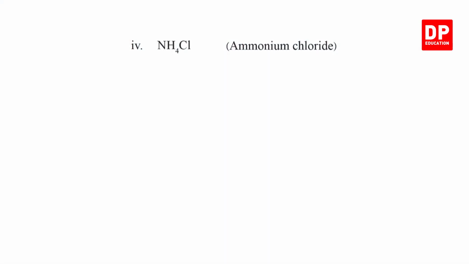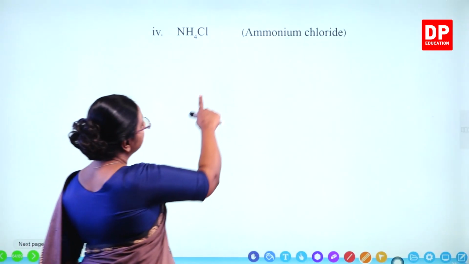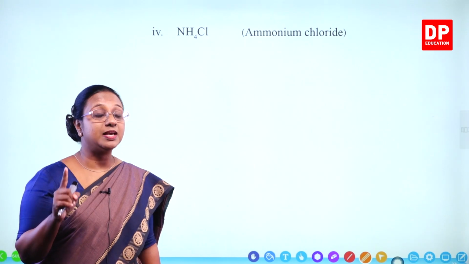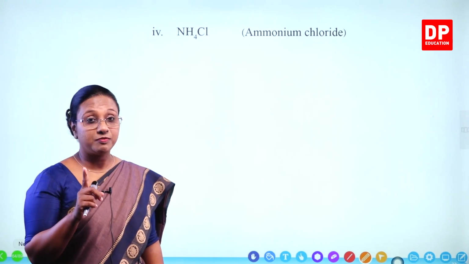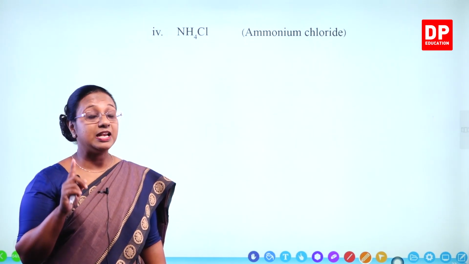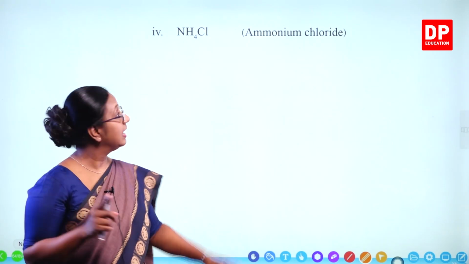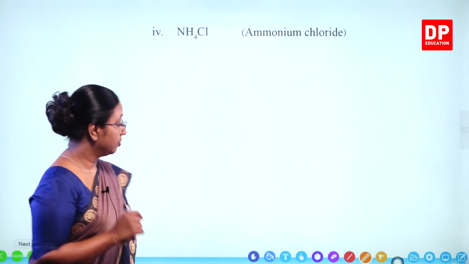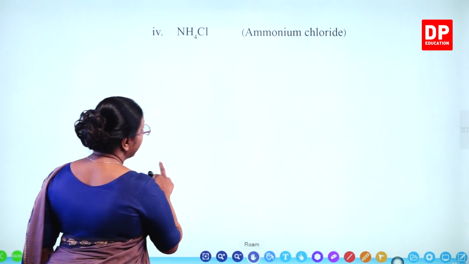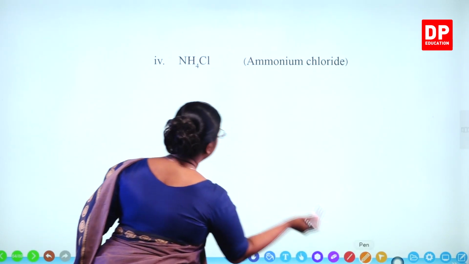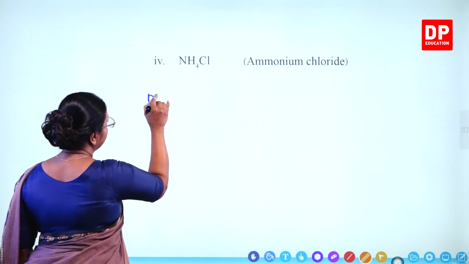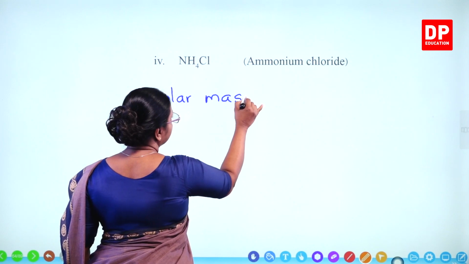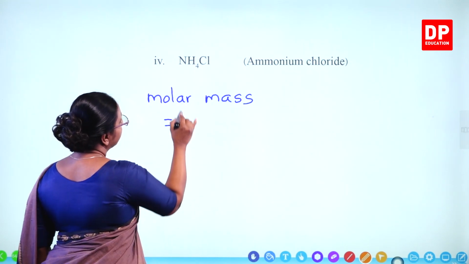NH4Cl, ammonium chloride. So here look at the name, ammonium chloride, because it is in the ion form. You can remember that NH4 plus ion and Cl minus ion, ammonium chloride. So if we calculate the molar mass for ammonium chloride, molar mass equals what?